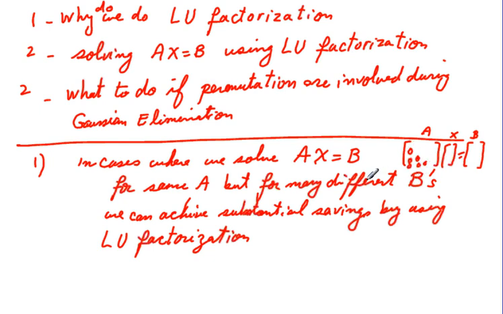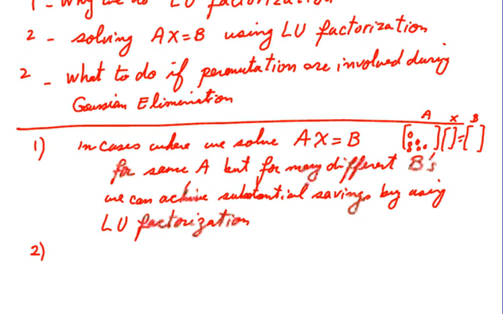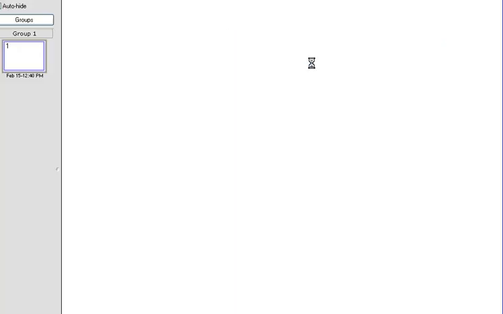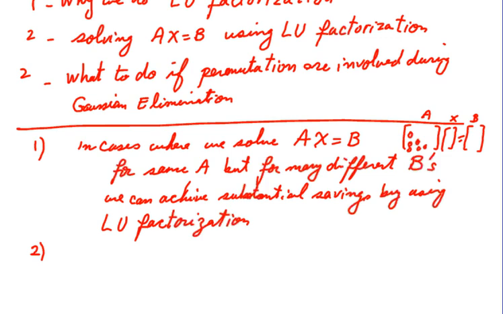So LU just makes that clear, that is what is happening. And now let's go ahead and do an example of solving AX equal to B using LU factorization and see how that comes in handy.